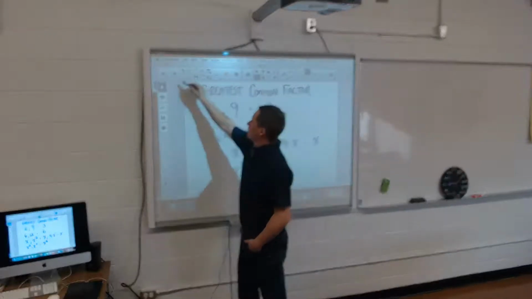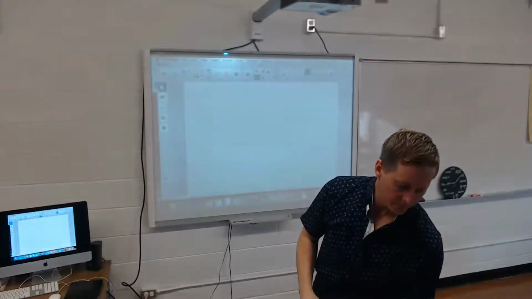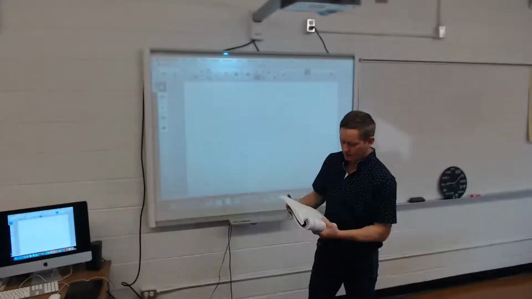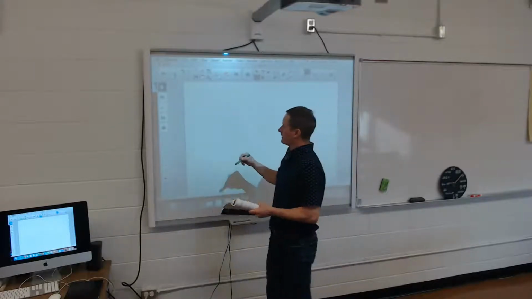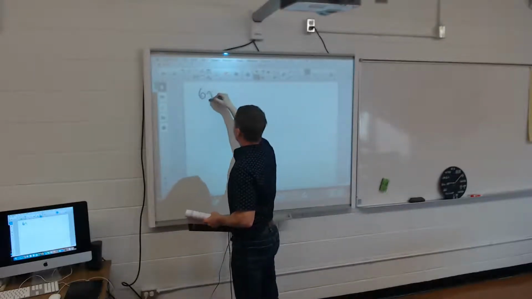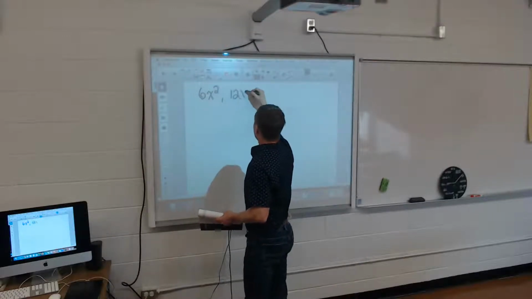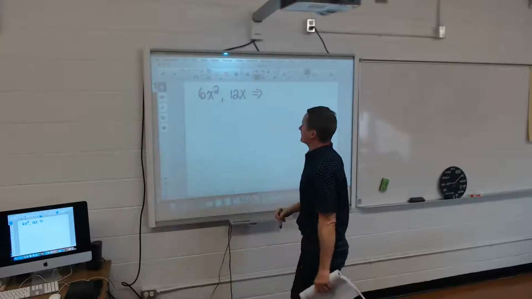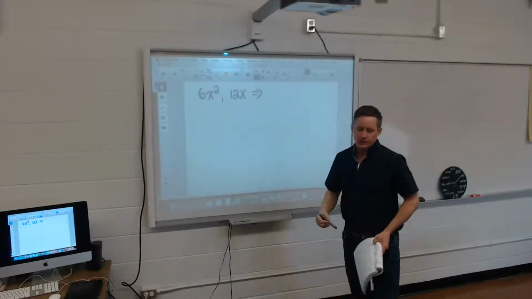So I'm going to look at a little more complicated question in which we are doing prime factors. All right, so I have this. I need the greatest common factor for 6x squared and 12x. Now, you can do this one of two ways.